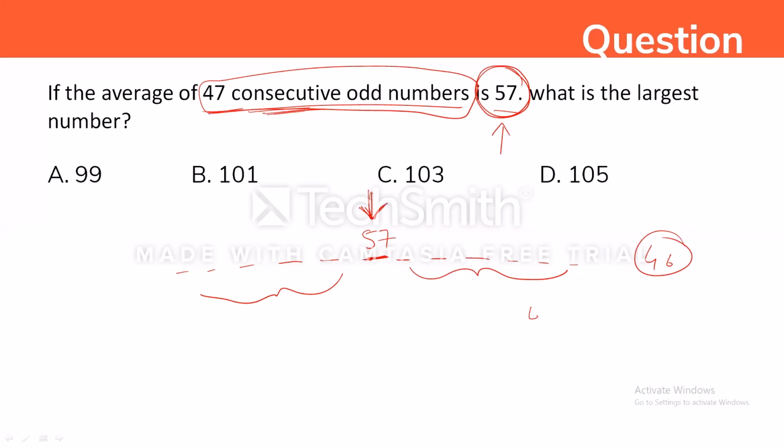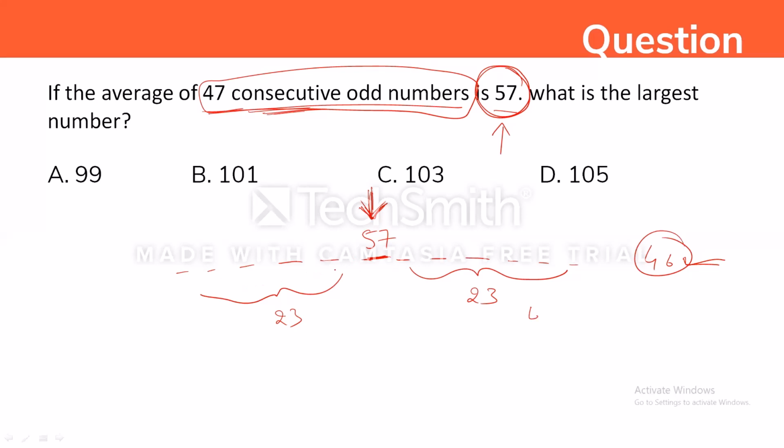Total we need to have 47 numbers, already one number is fixed, so we need 46 numbers. How can I separate 46 numbers? Left side 23 and right side 23, because the middle number is already fixed. 23 plus 23 gives you 46, and with the middle number it is 47. Now the count is set.